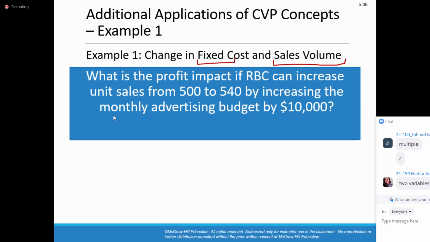From this information, and I believe you have learned what the base information is, should there be any changes in the contribution margin ratio for the changes of sales unit and for the changes of fixed cost? No. Okay, in that case, our contribution margin ratio equation can be helpful for us. Okay, let's try to use this.